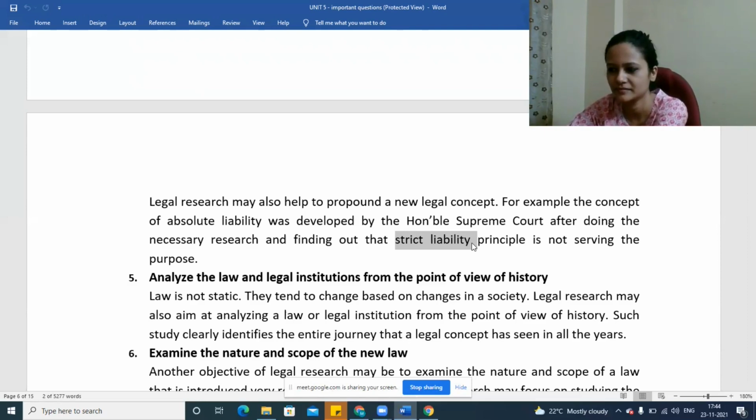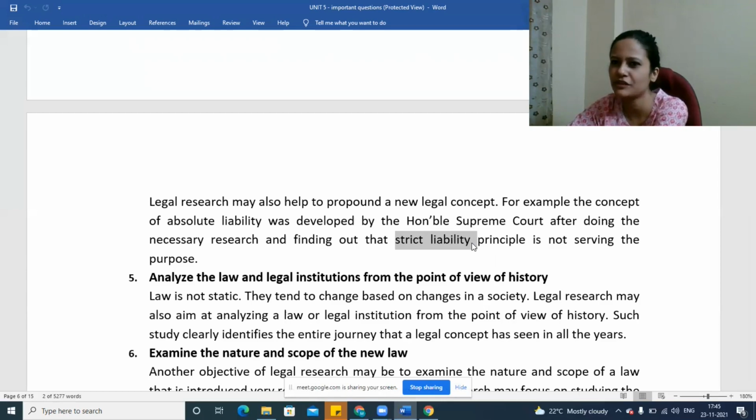Yeah, if we talk about strict liability, can we say selling drugs or alcohol to minors will fall under strict liability, I guess? No, for that we have separate legislation.